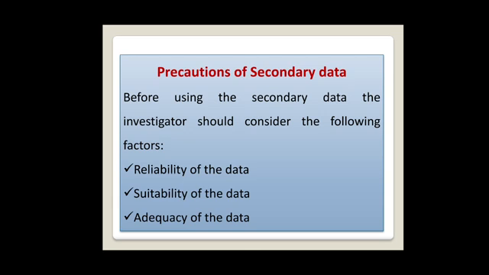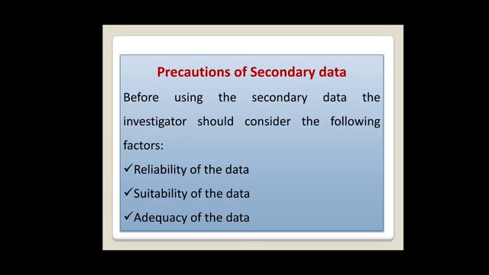The reliability of the data can be tested by finding out who collected the data and from which source, were the data collected by the use of proper methods, at what time were the data collected, can it be regarded as normal time, are there any possibilities of deliberate bias on the part of compiler, what degree of accuracy was desired by the compiler, was it achieved. These pointers should be kept in mind in order to check the reliability of secondary data.